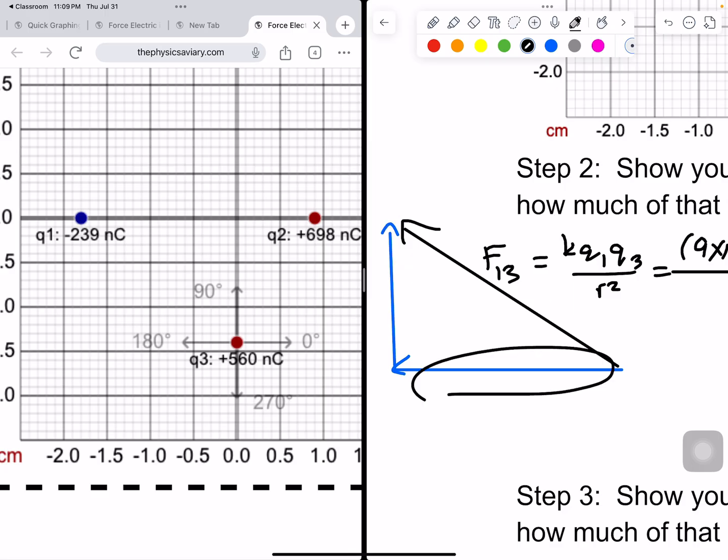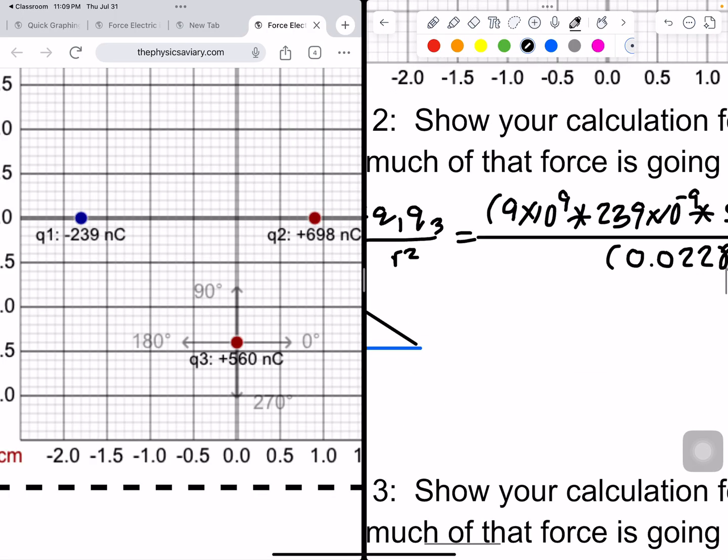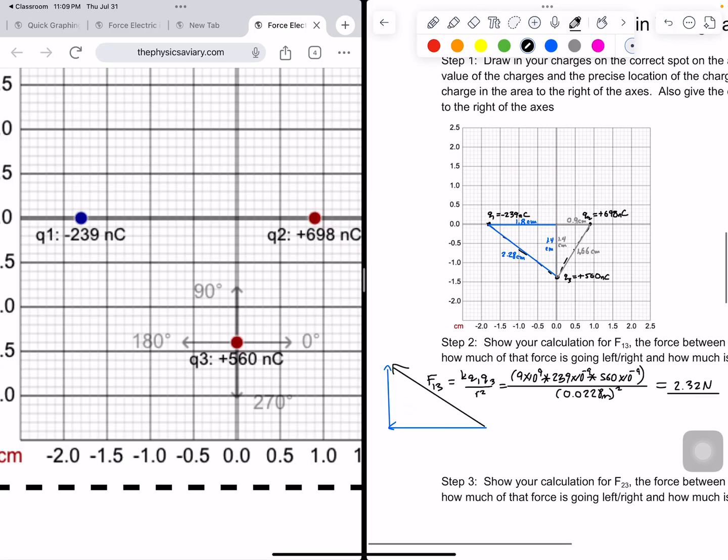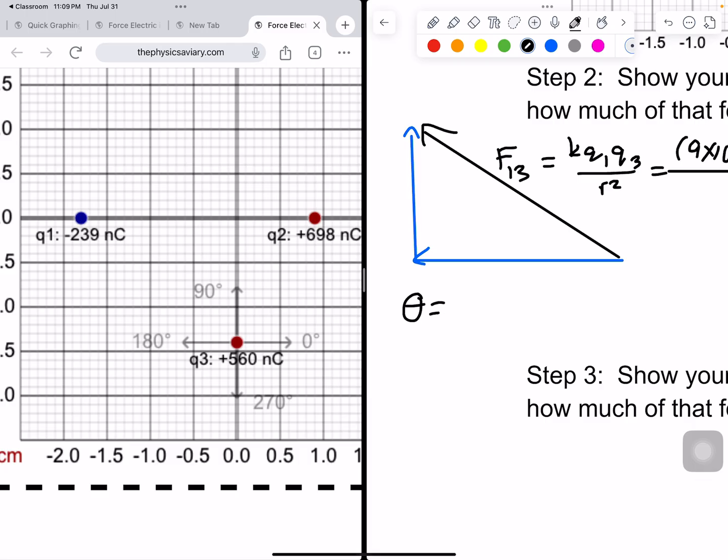Now, in order to find these components here, the horizontal and vertical components, I need the angle theta right here. So I got to figure that out. Well, theta is the arctangent of the y component, this distance, over the x component, that distance.